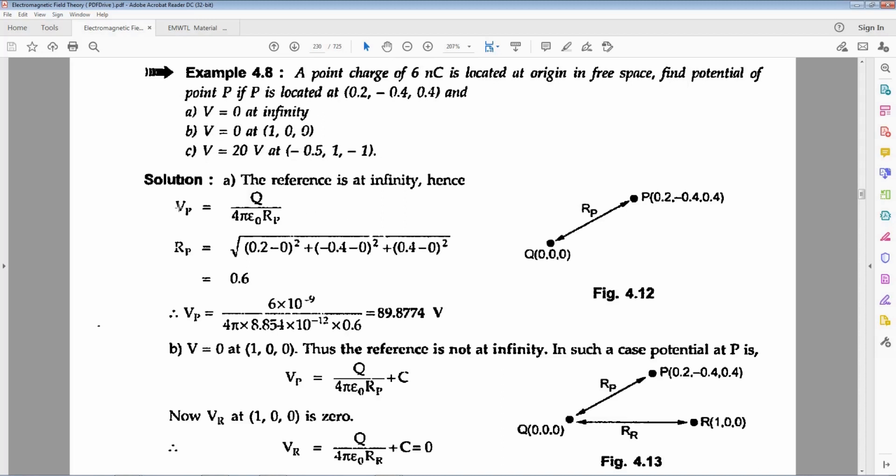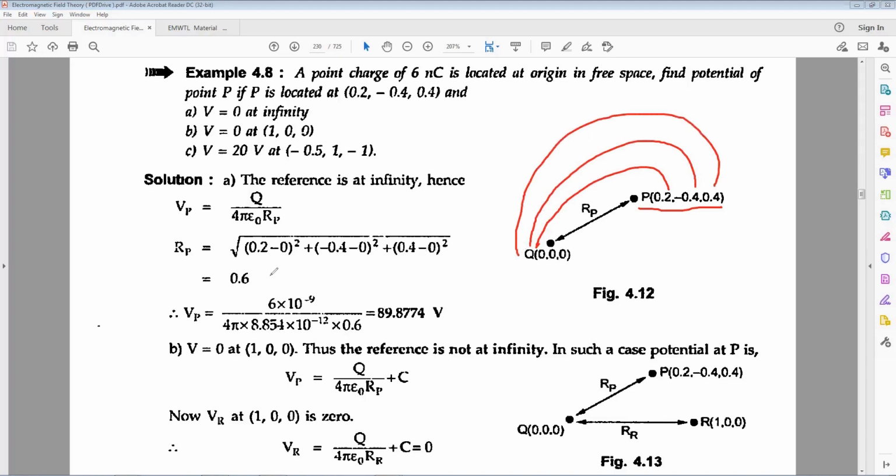So we know the potential V is equal to Q by 4 pi epsilon naught R. The first one, you can take P located at this value in 3 quadrants. First consider V is equal to 0. The charge is located at 0. So 0.2 minus 0, minus 0.4 minus 0, and 0.4 minus 0.